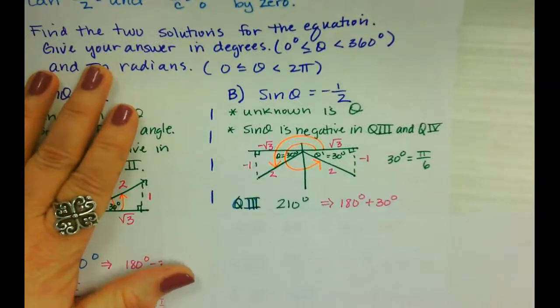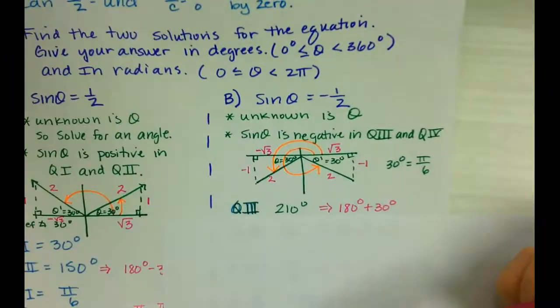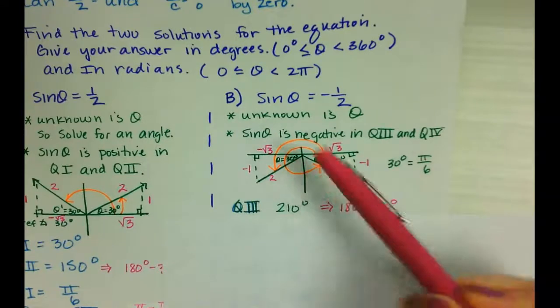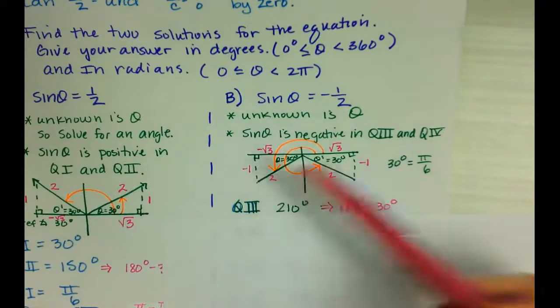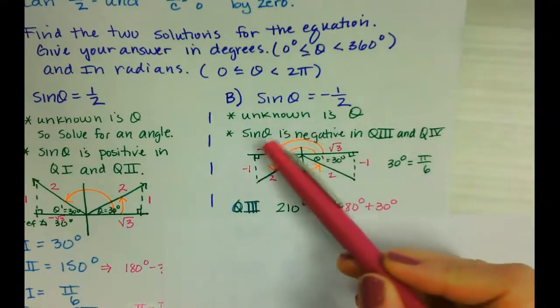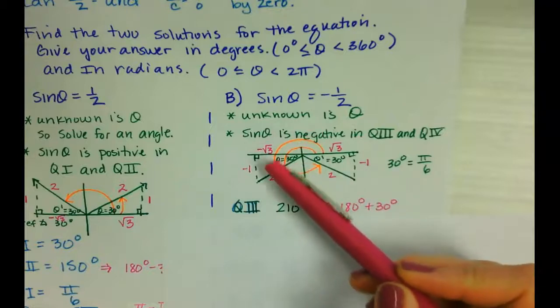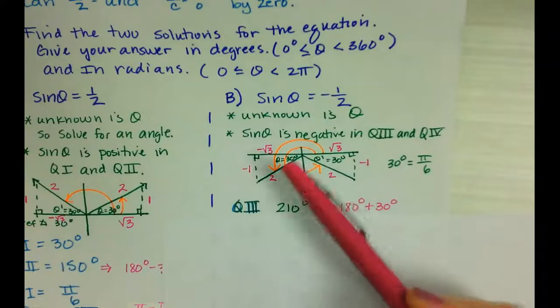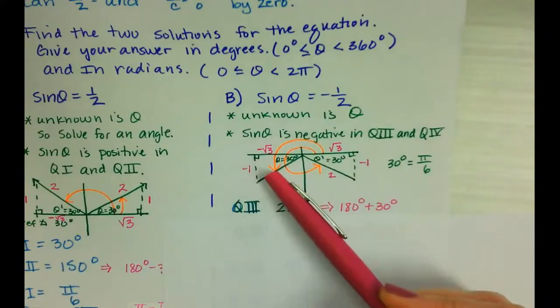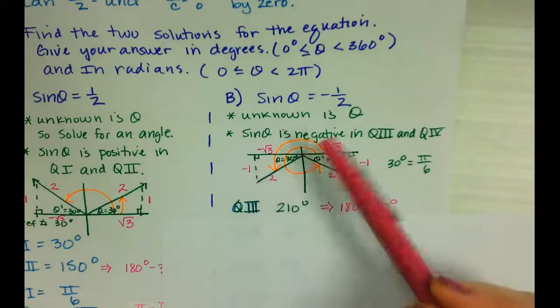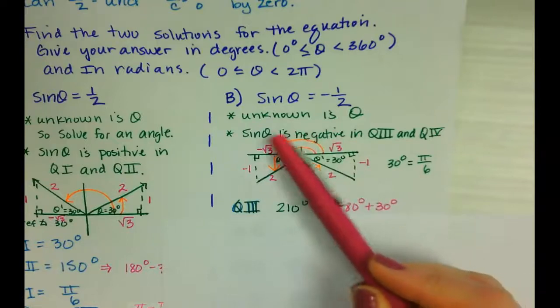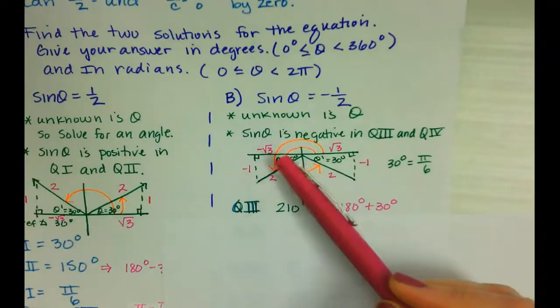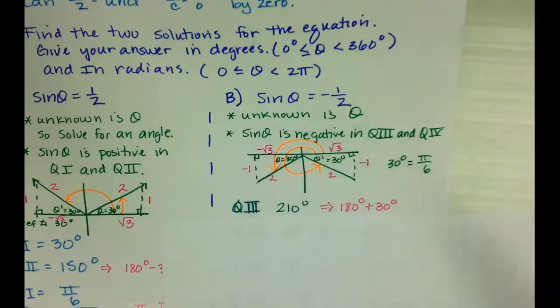So the first one I get is 210. So how did I get that? Well, I'm in the third quadrant. So what I did this time is I took the 180 and I added the 30 degrees to it, and that gave me 210. Since I didn't know the angle, I'm trying to find the angle, I had to come up with a little bit different route, and I did that by saying halfway around the circle is 180 plus the reference angle, which is 30 degrees.